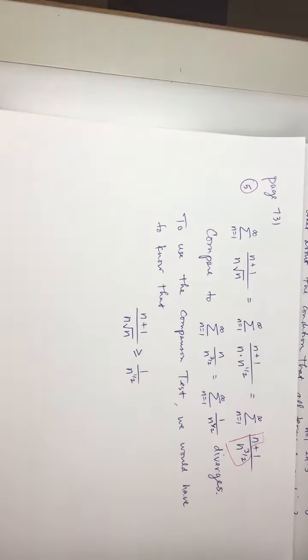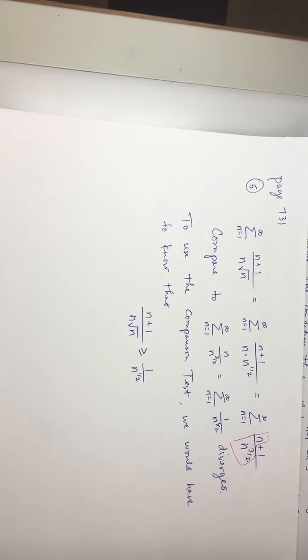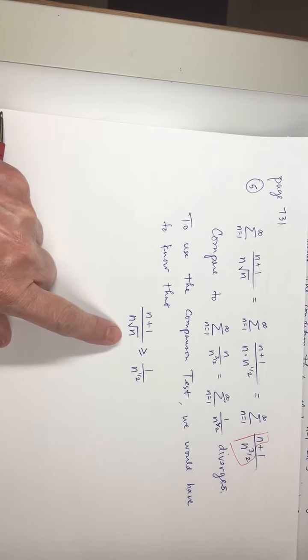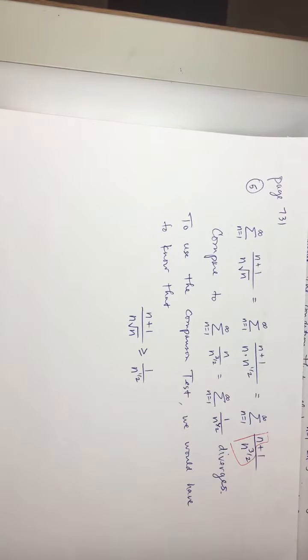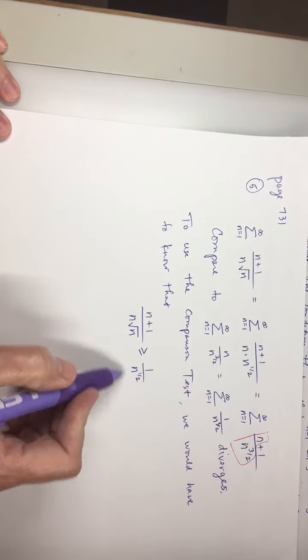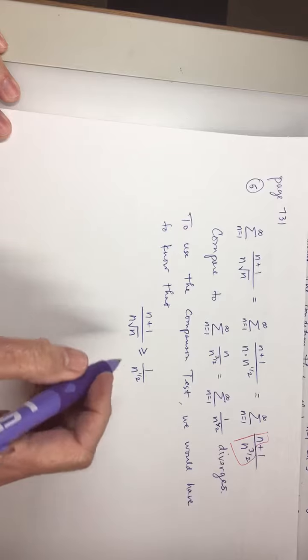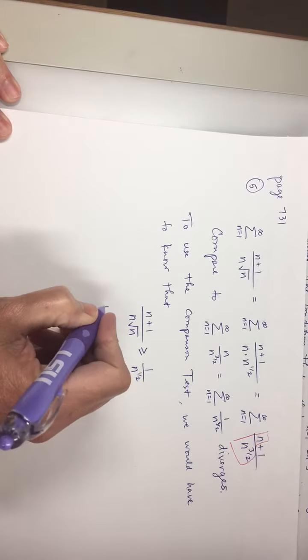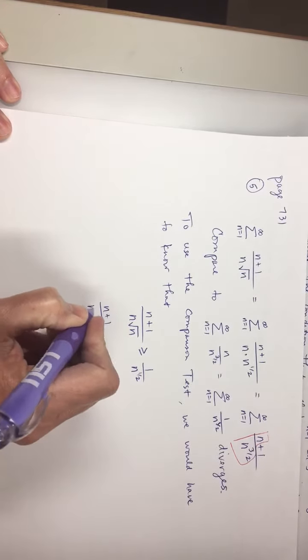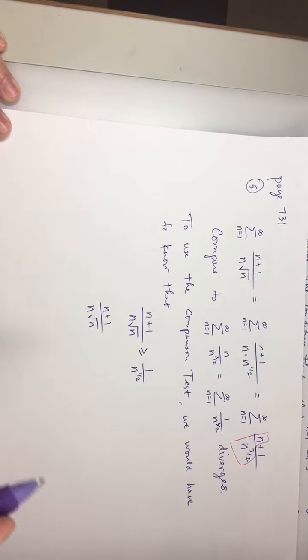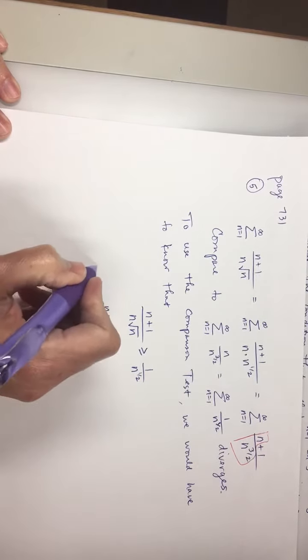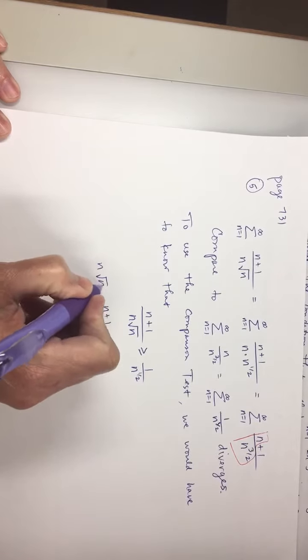Let's see if we have that. Well, I can multiply both sides by the LCD. And I have to be careful maybe about this. I'm going to multiply the fraction on the left by, what is the LCD, by the way? N times the square root of n.